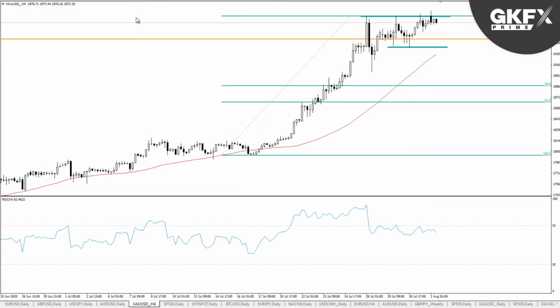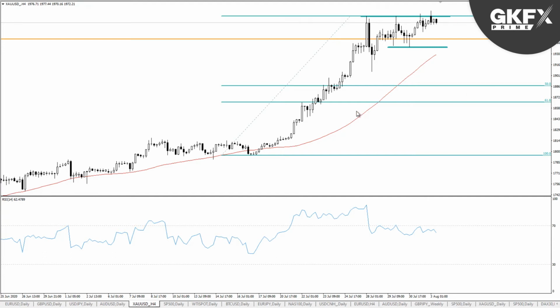But really you need to go down to the 4-hour chart to see some detail, and you can see that we made this big rally up, but we've already had a pretty sizable pullback. It just happened intraday, and we actually closed higher the same day. Such is the demand for gold at the moment.